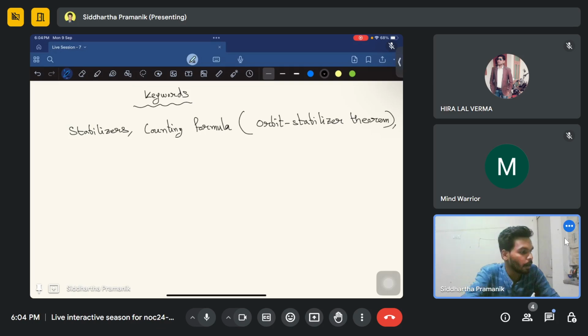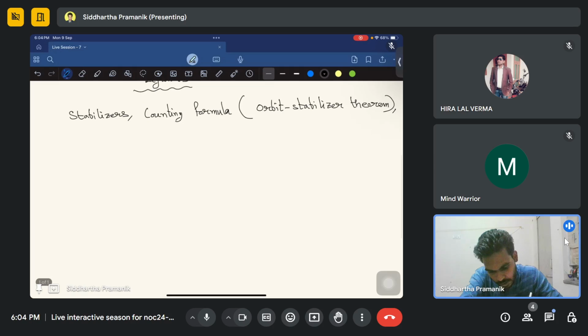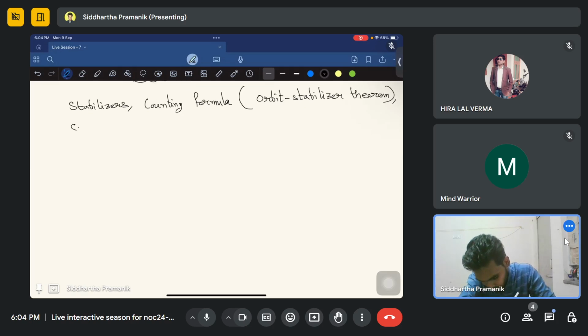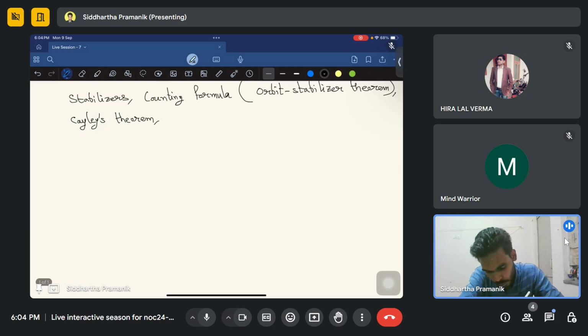After that we saw one more famous theorem known as Cayley's theorem, which basically says every finite group is a subgroup of Sn for some n. So that is why the group Sn is important. And then we saw orbit decomposition of sets, with some examples.